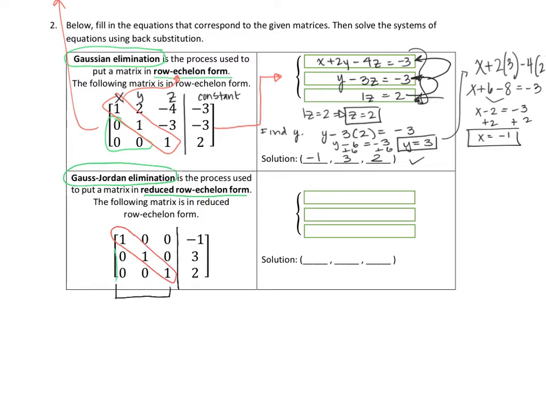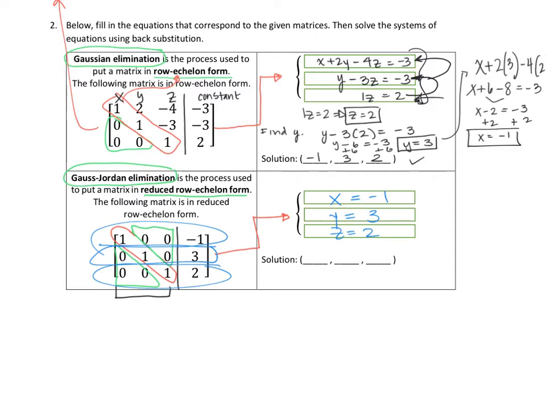They still have the zeros below, which is our row echelon form, but they reduced it further by making all of those zeros. And so what's really nice here is with all those zero coefficients, if you look at the very first line, this is just going to be x equals negative 1. The next one will just be y equals 3. And the last one will just be z equals 2 because everything else has a 0 on it.